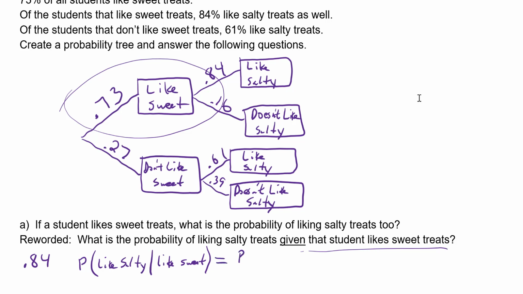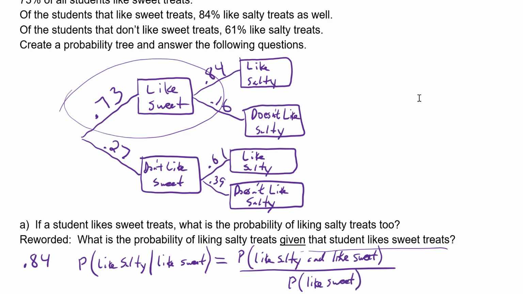That's the probability of like salty and like sweet divided by the probability of like sweet. Okay? So looking up on top here, like salty and like sweet, that's going to be 0.73 times 0.84.